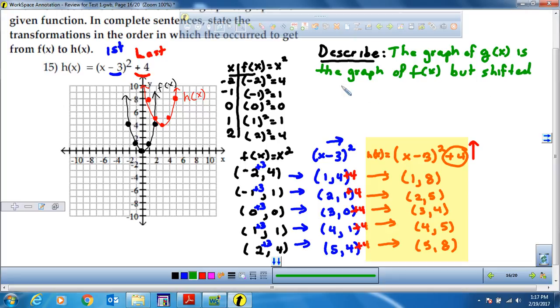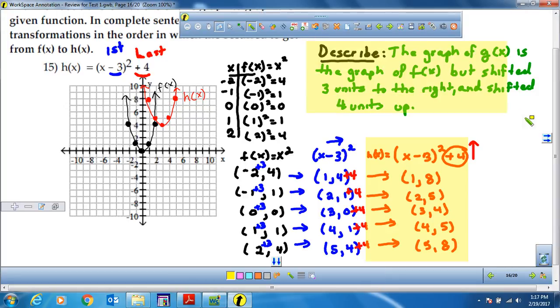So we're going to say shifted 3 units to the right. And the last transformation was that it was shifted 4 units up or upward. And this will be my description for those two graphs.